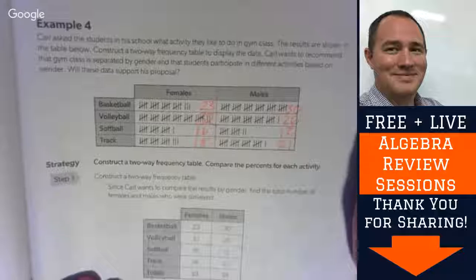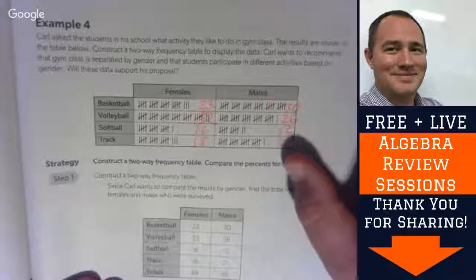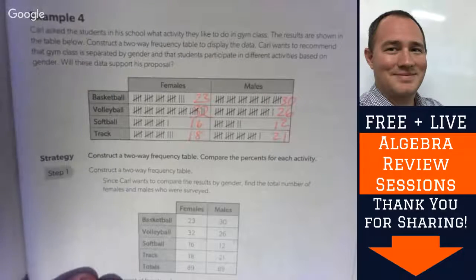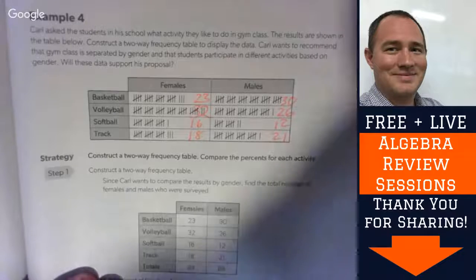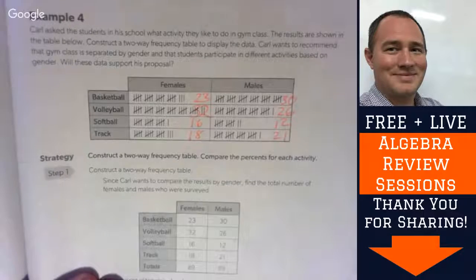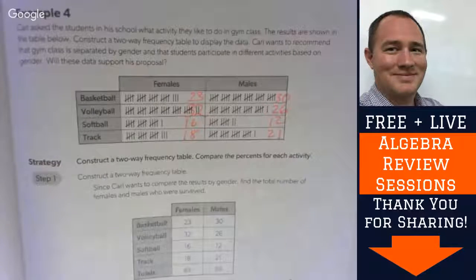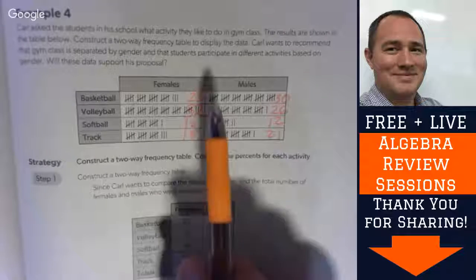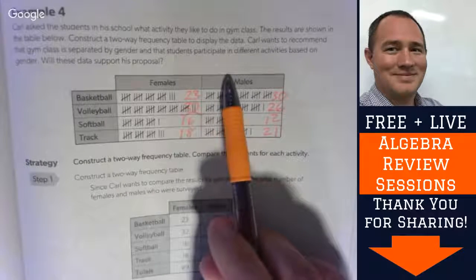So let me review. We started this problem and then we had a little bit of a challenge with the stream, so I decided we'd call it a day and start again today. Carl here asked the students in his high school what activity they like to do in gym class.